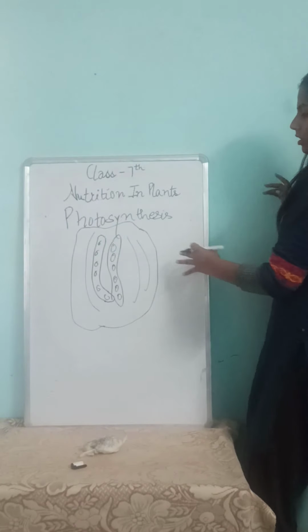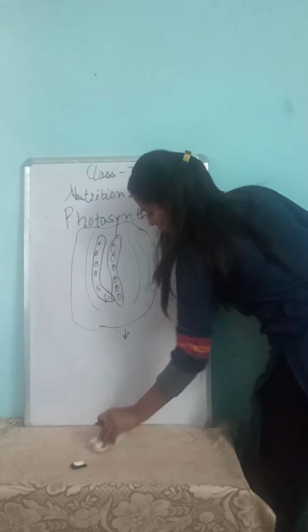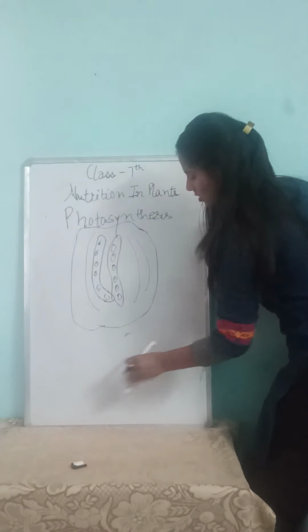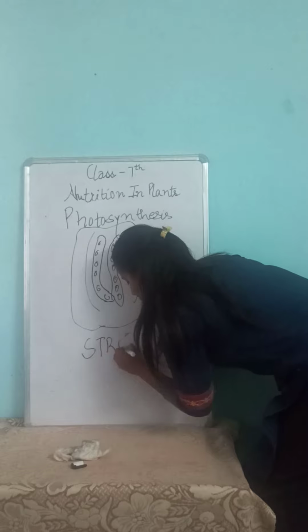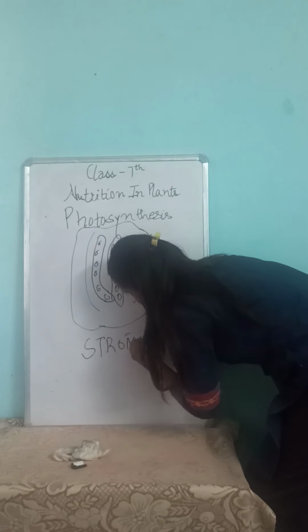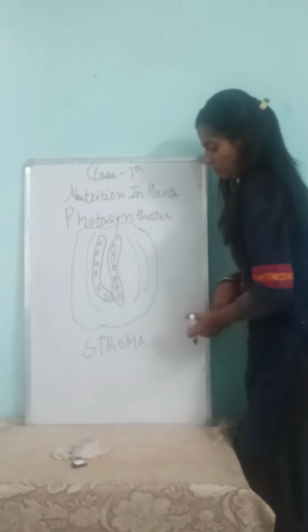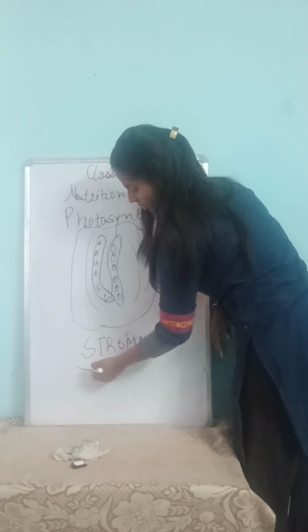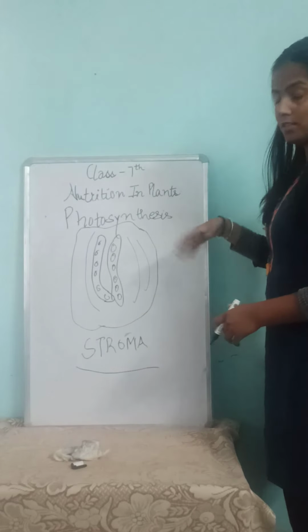This whole structure is known as stomata. A single stomata is known as a stoma, the stomatal cell which is in the leaves.